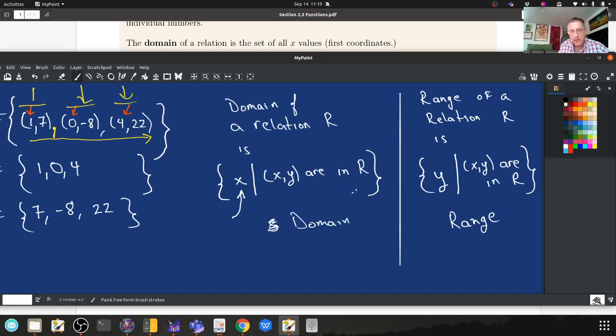Domain of what? R. Notice here x always stands for real numbers, y always stands for real numbers.